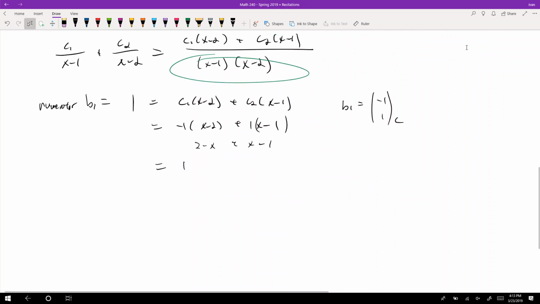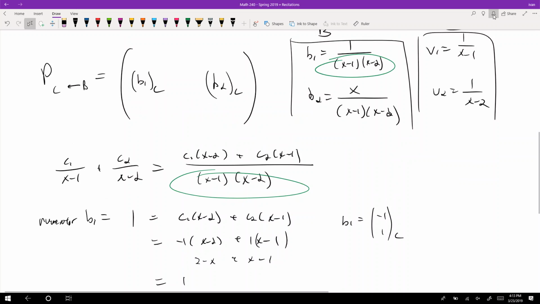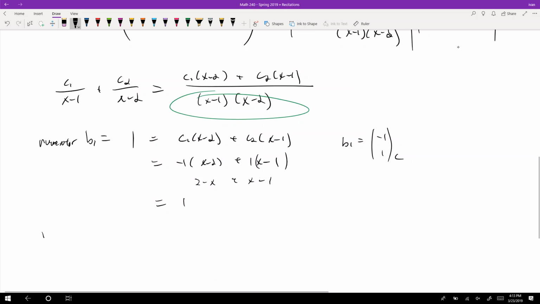What's the next step? Now we have to do the same thing for B2. The numerator of B2 is equal to x, which is equal to c1 (x minus 2) plus c2 (x minus 1). Now what is a c1 and c2 that can get me the desired result?